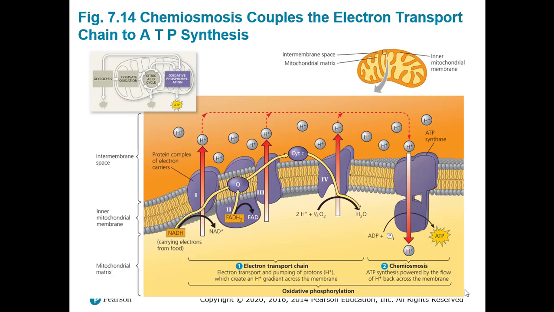Every time you're getting an electron and a hydrogen ion, we shoot the hydrogen ion across into the intermembrane space so that we have this huge concentration of hydrogen ions. Eventually, the hydrogen ions migrate down to the little ATP synthase molecule. Now you have these 2 electrons at the end that are just floating around. You don't want them shorting anything out. So they, along with 2 hydrogens that stay behind, join up and make water.